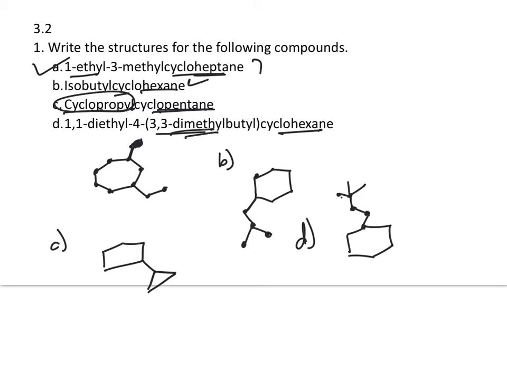It looks something like that. This is a difficult one. And then that's on carbon number 4. And then on carbon number 1, so 3, 2, 1, you'd have 1,1-diethyl. So it looks something like that.